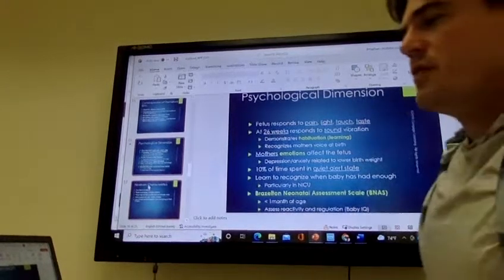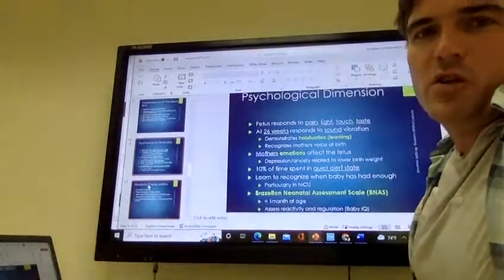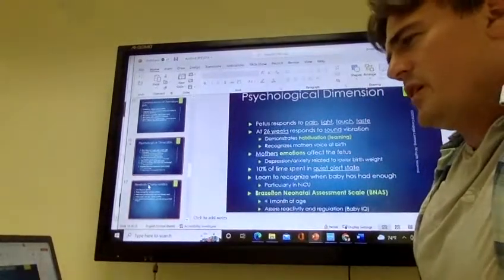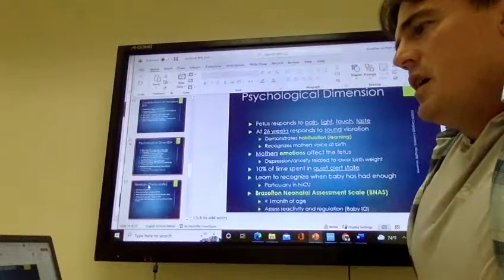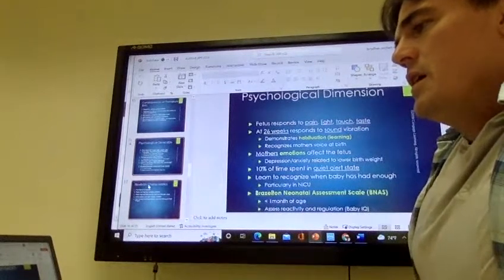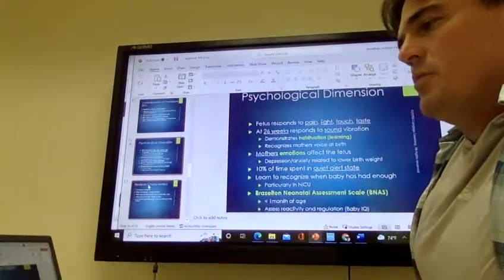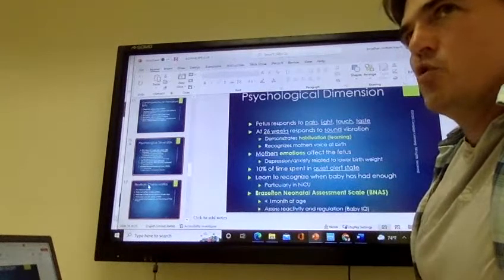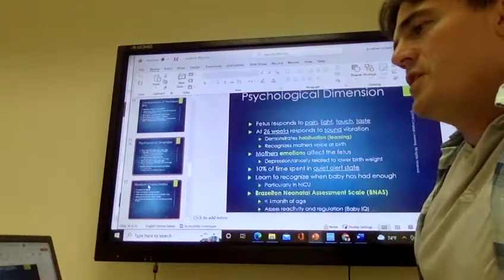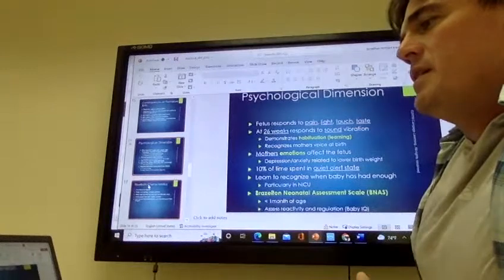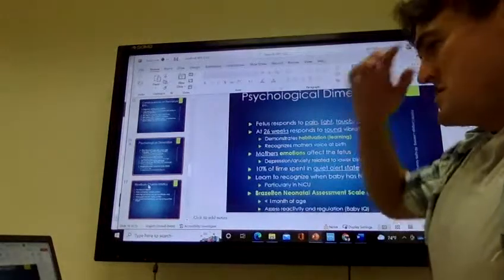Mother's emotions affect the fetus, so if they have depression or anxiety, that's one of the things that can come up and affect. And it's related to lower birth weight, so the baby can weigh less if mom is stressed.